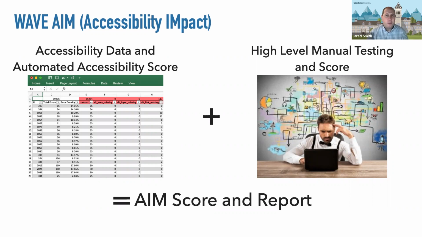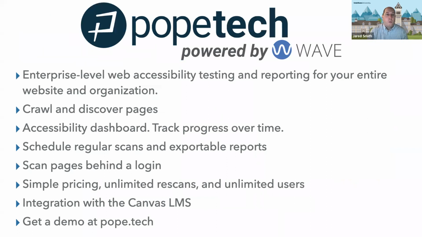So that's something else. If Wave is of interest and use to you, you want to see what the Wave data is across an entire site, it's a very low cost. It's like $500 for up to 20,000 pages. It just gives you a great way to get all of that Wave data across your entire site. There's also Pope Tech.